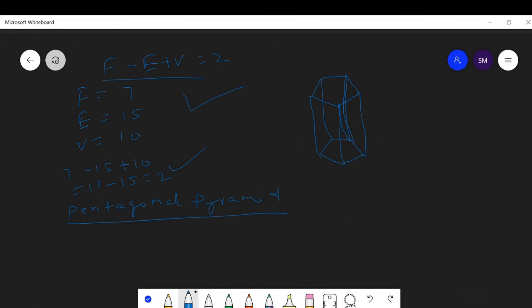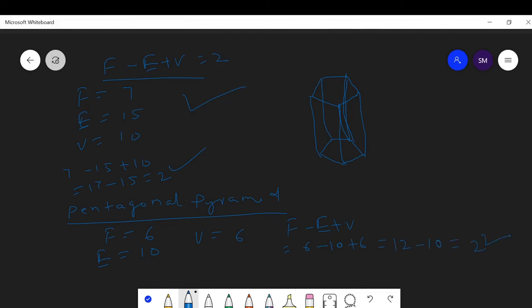Here for the pentagonal pyramid, the number of faces F is equal to 1 pentagonal plus 5 triangular, means total 6 faces, and number of edges E is equal to 10 and number of vertices V is equal to 6. Then Euler's formula says F minus E plus V, which is 6 minus 10 plus 6, which is equal to 12 minus 10 equal to 2.